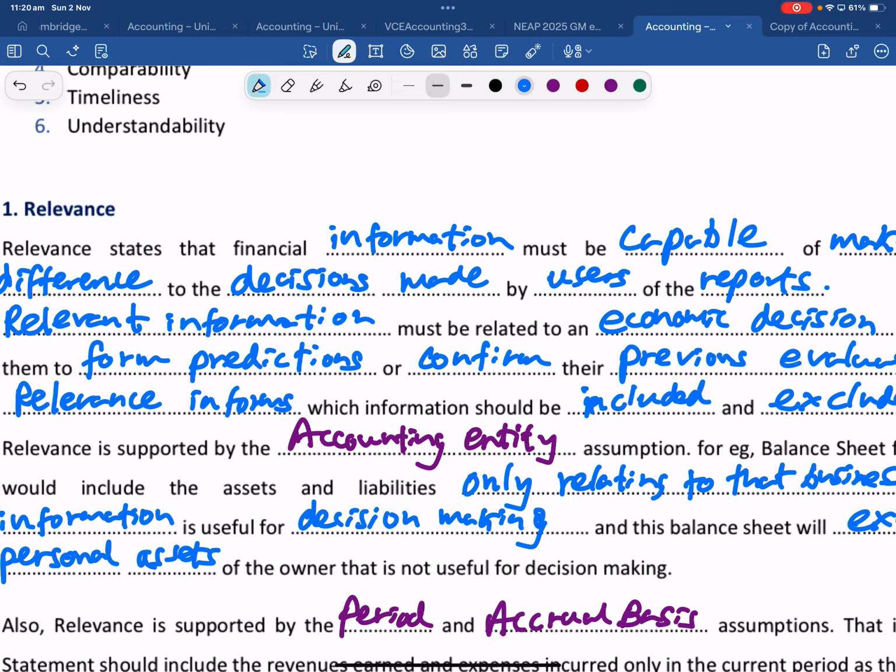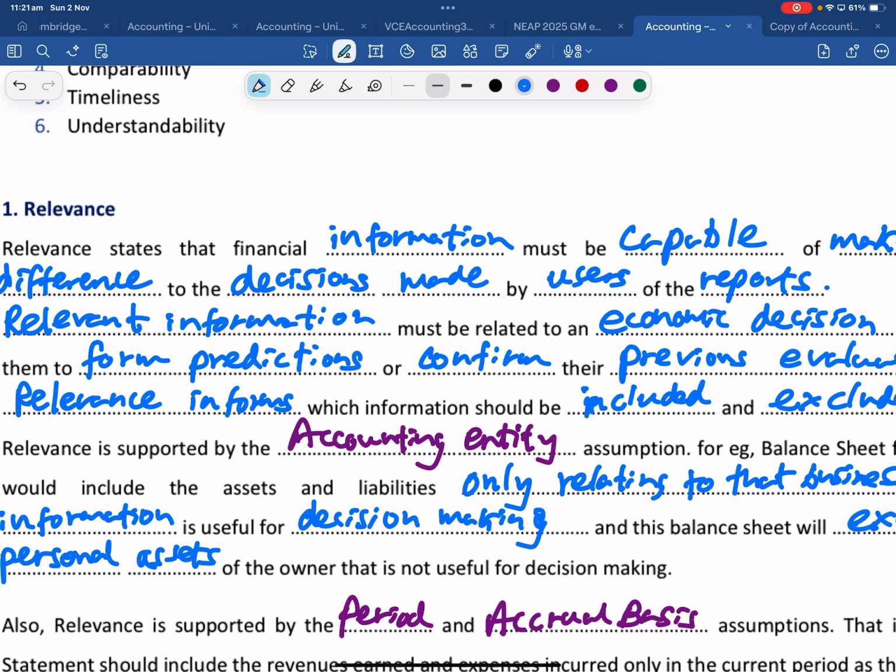Sometimes, if the information is not of quality enough, he might change the decision that he has taken before, right? So basically, the summary is, relevant information should be capable of making a difference, or should be actually supporting the economic decisions of the users, right?